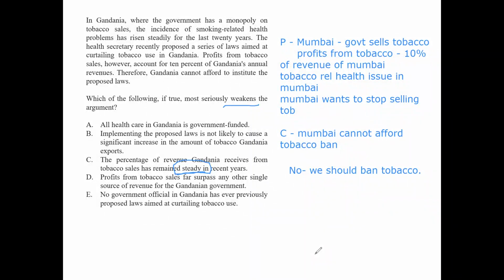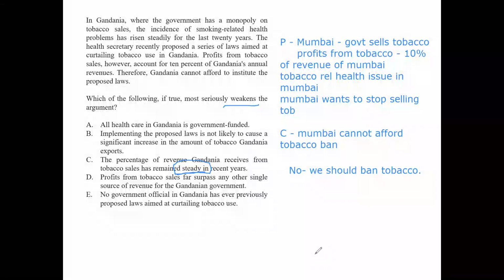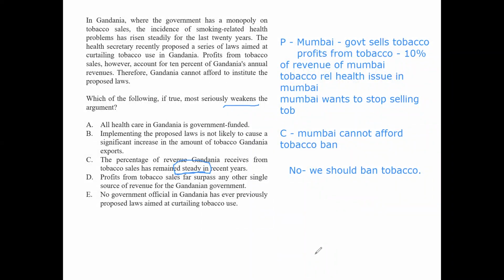It's remaining the same, so we are not having a loss in any way. If less money is coming, then you can afford to ban tobacco. So C cannot be a logical answer to prove that we can ban tobacco.